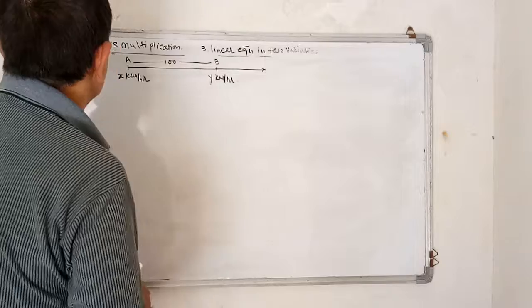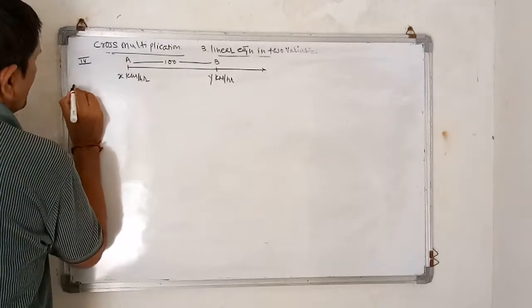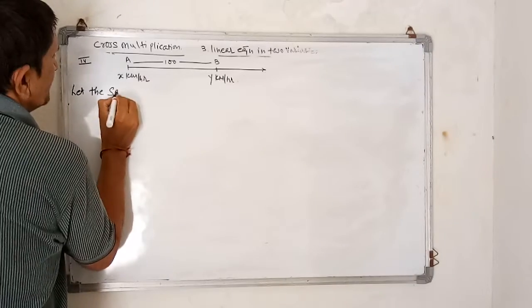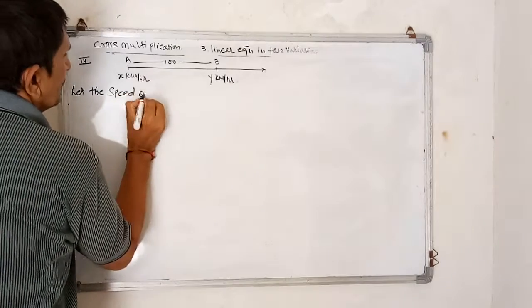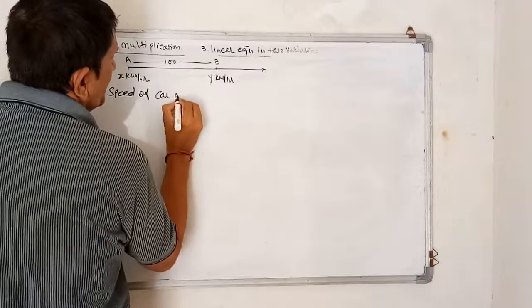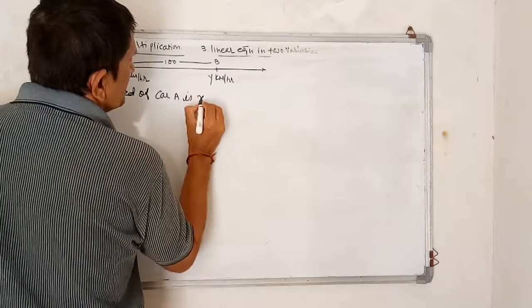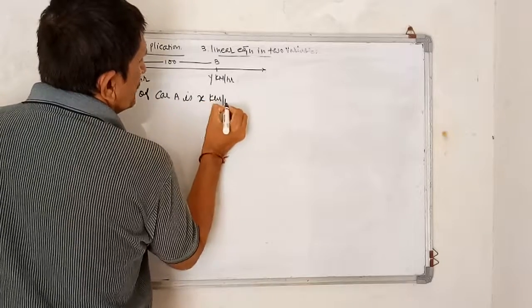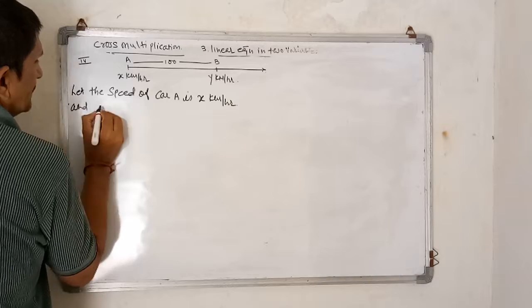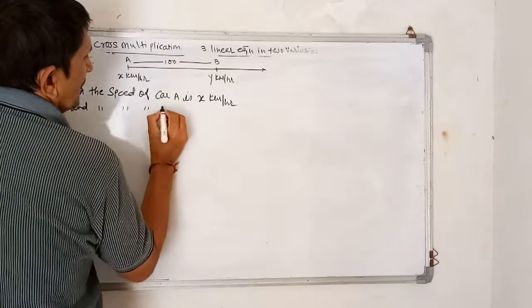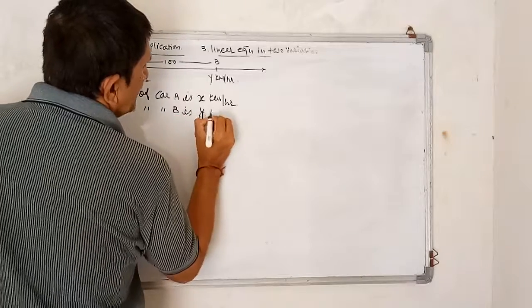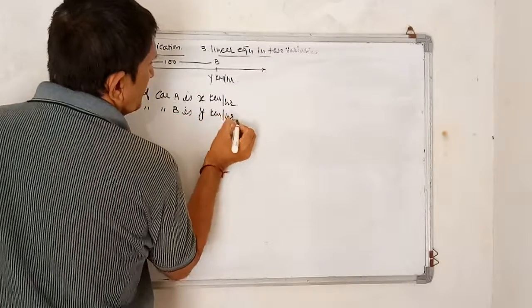So we assume here, let the speed of car A be x kilometer per hour and the speed of car B be y kilometer per hour.